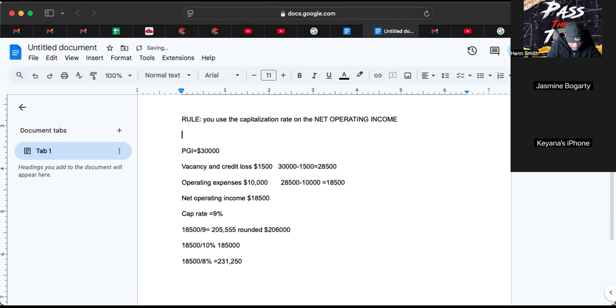Rule of thumb: a 1% change in cap rate equals about a 10% reduction or increase in value.